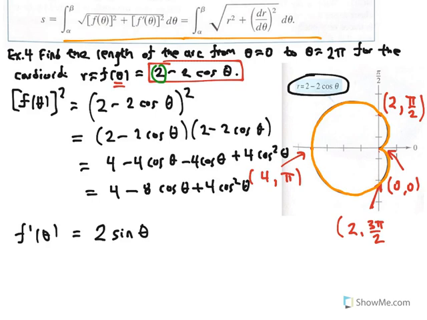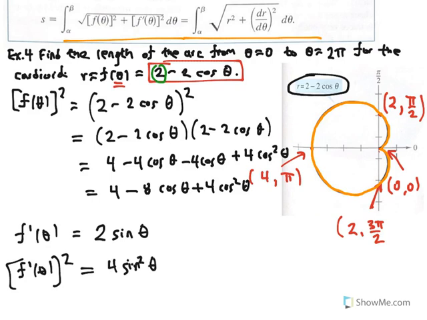That's a part of the radicand of the integrand. So when you square it, you're just going to get 4 sine squared theta.